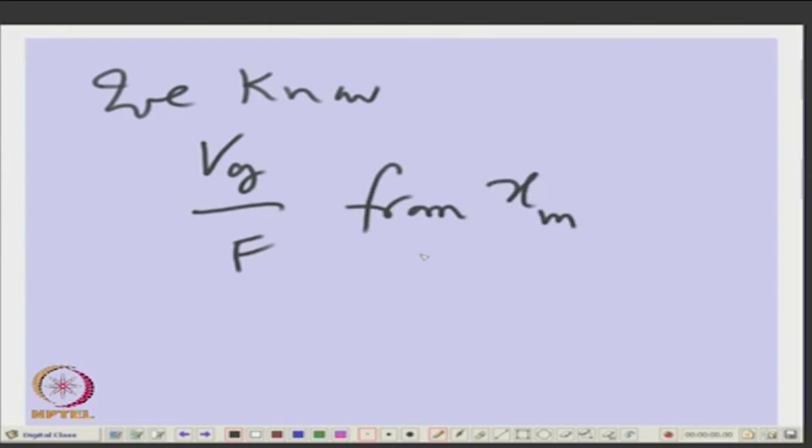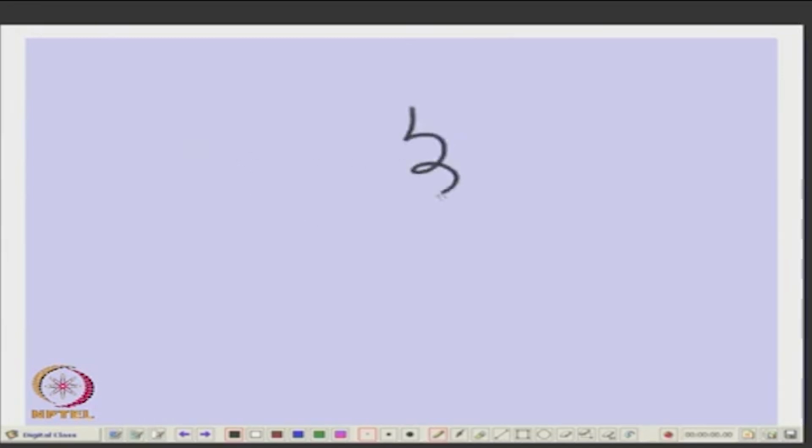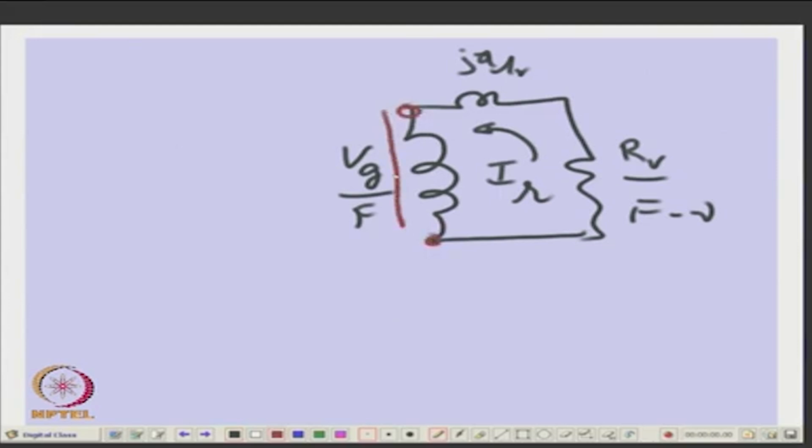right. So, you know the Vg by f, and the equivalent circuit which we have already seen, which has Vg by f here, and of course, the rotor circuit you are aware of, this will be IR, j XLR, RR over (F minus nu). You know Vg by f here, and that saturated Xm.